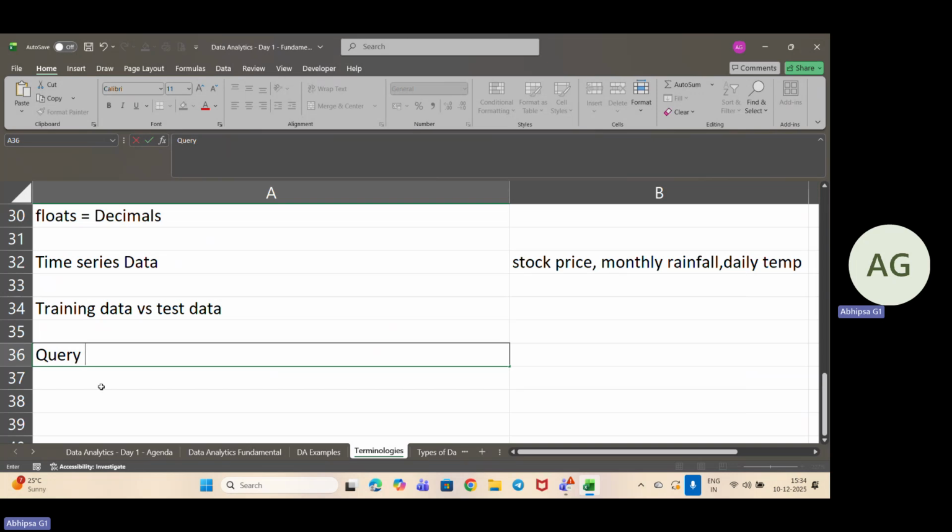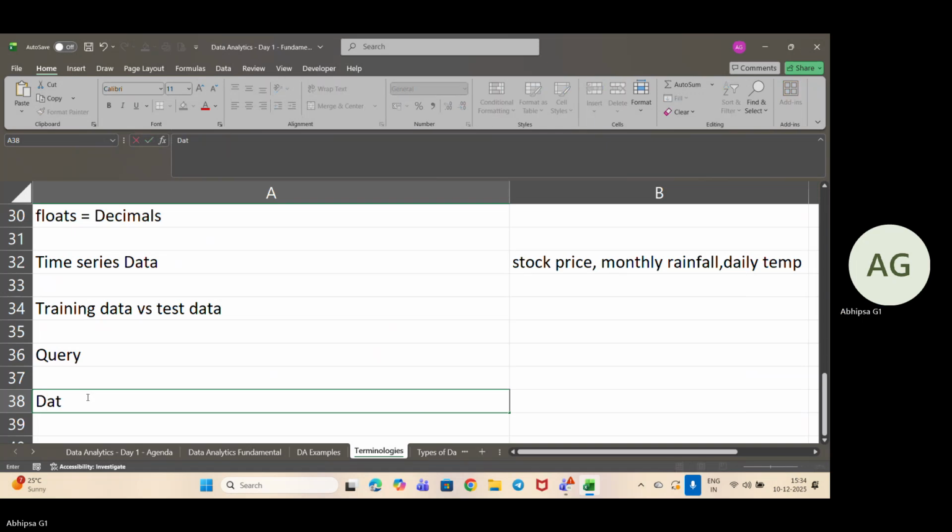Next, what is this database? A database is like a big and organized place where we are keeping our data secured and stored for a longer period of time.